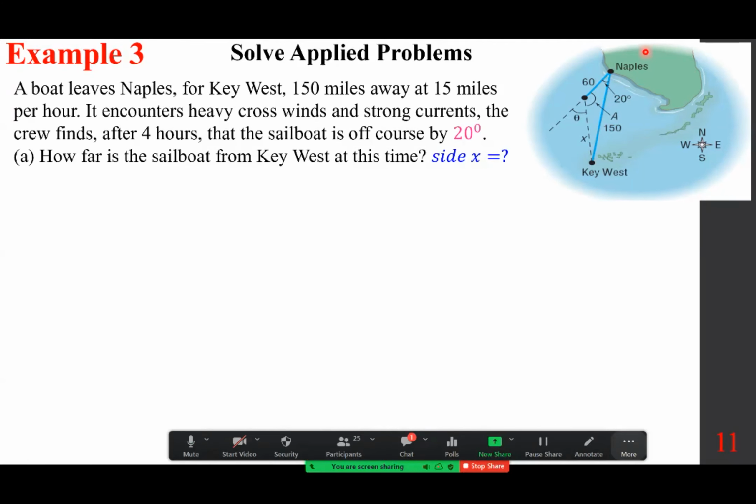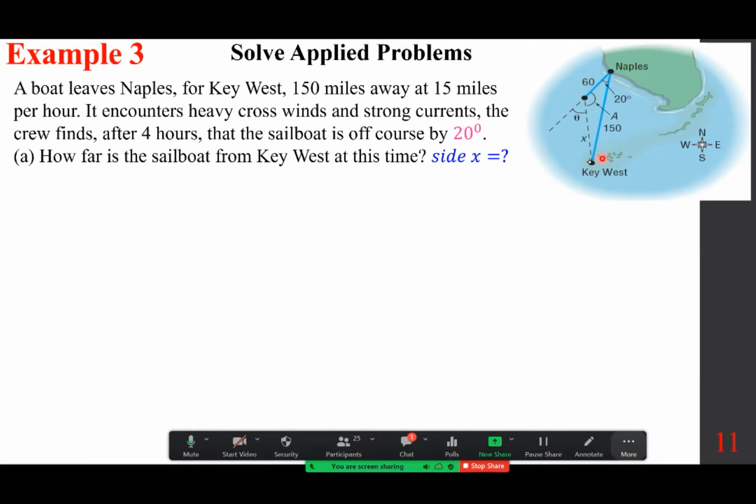And after going for 4 hours, that means 4 times 15 miles per hour. That means after going 60 miles, we have covered a distance of 60 miles. We are somewhere here, and we want to know the distance, which we are going to look for, side x.